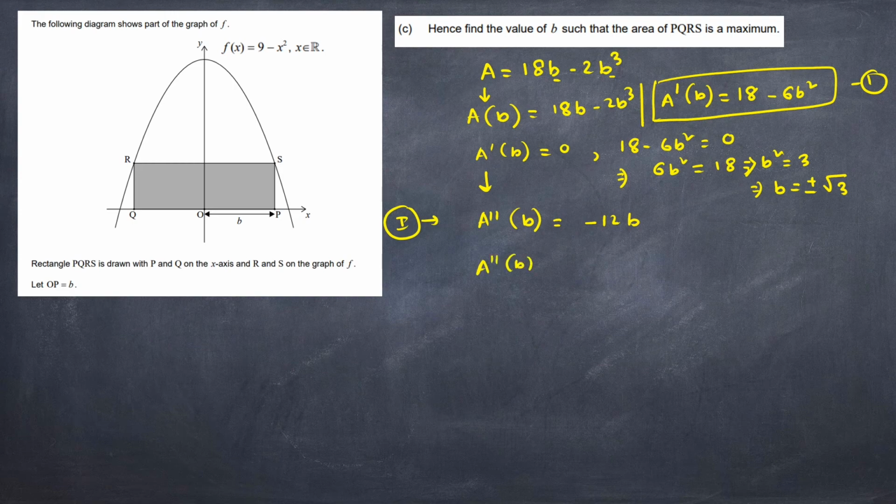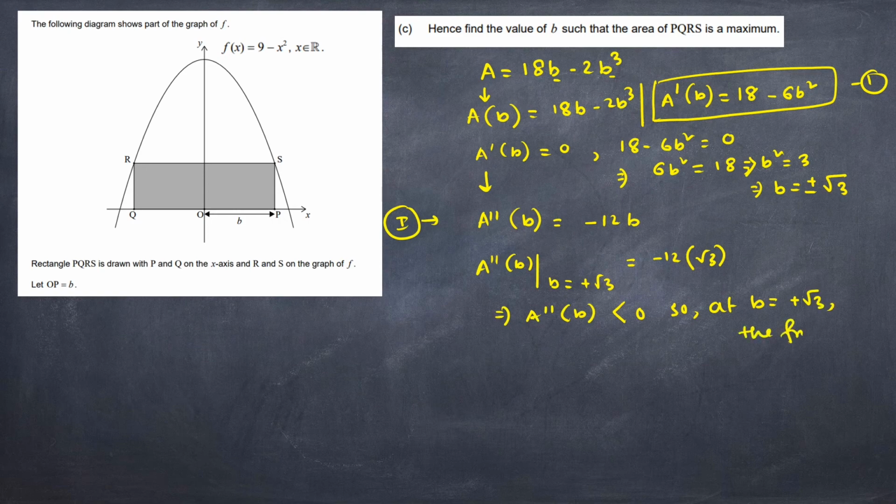A double dash of B at B equals plus root 3 is minus 12 into root 3. This value is less than 0. So for this case, A double dash B is less than 0. So at B equals plus root 3, the function A of B has a maximum value.